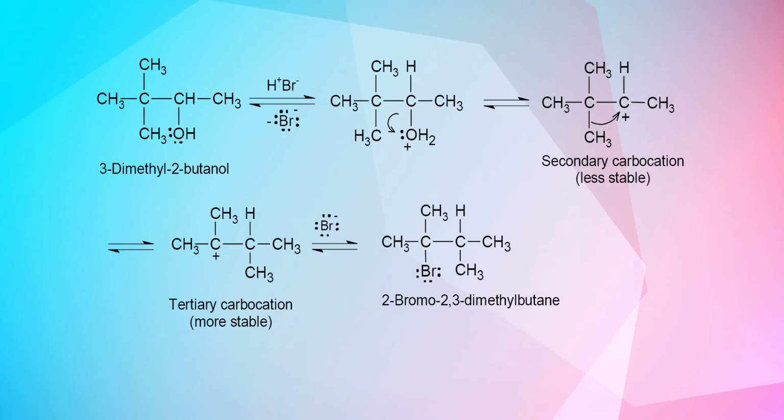Then this tertiary carbocation will react with the bromide anion to give us a different product, that is, 2-bromo-2,3-dimethylbutane. So this was not the expected product. This is not a very good method, because the carbocation being formed will undergo a rearrangement and give us a different product altogether.